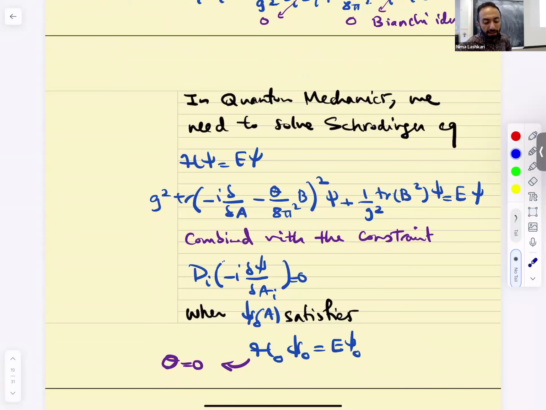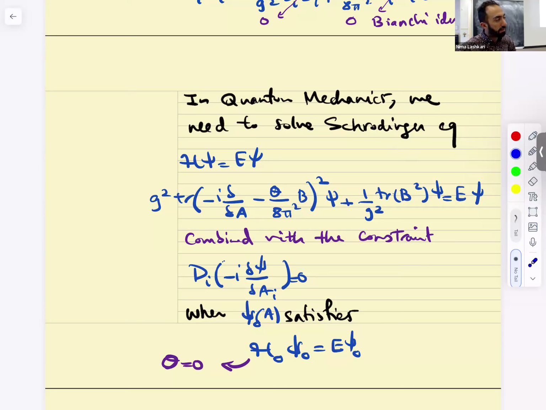In quantum mechanics, we need to solve the Schrodinger equation. The Schrodinger equation says the Hamiltonian acting on psi is E psi. Hamiltonian here is g squared trace of minus i del A, summation over indices is implied, del A minus theta over 8 pi squared b squared plus this.